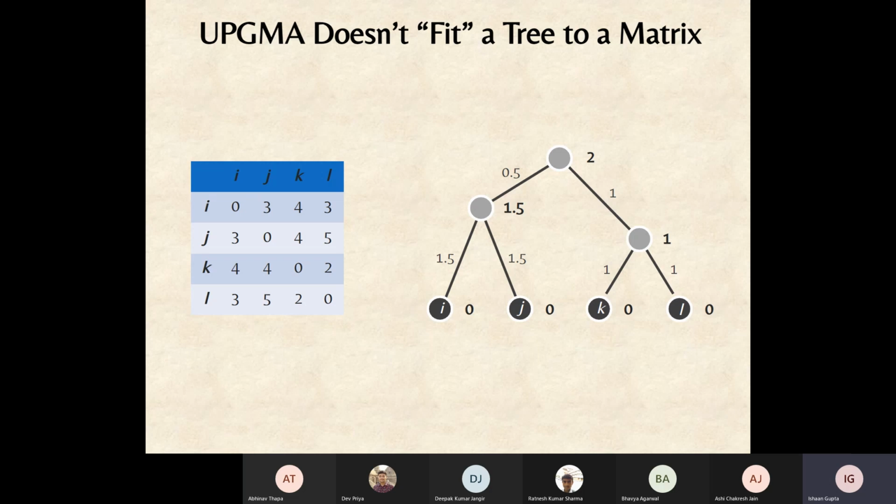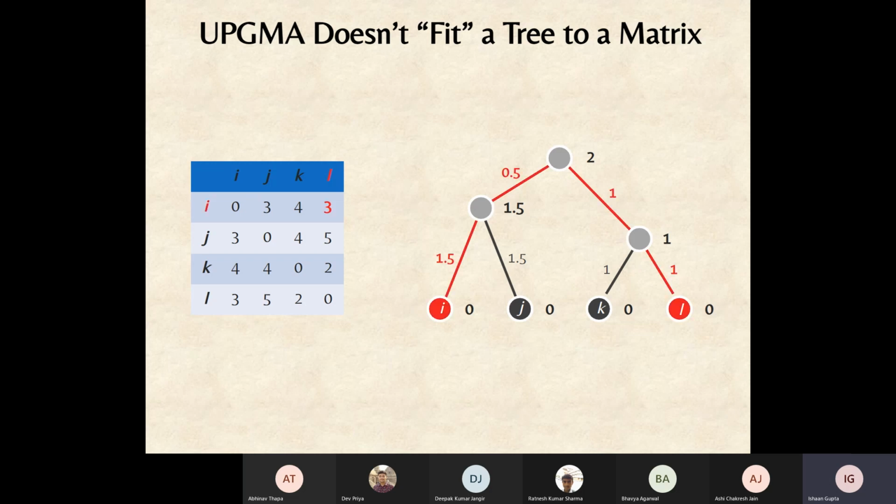The basic idea here is that this idea of the tree fitting the matrix is only valid for additive matrices. It doesn't hold for non-additive matrices. The whole idea of UPGMA is to make sure that a tree fits a matrix. A tree can be made from a matrix, but it doesn't necessarily represent the real distances that you would find between the sequences.